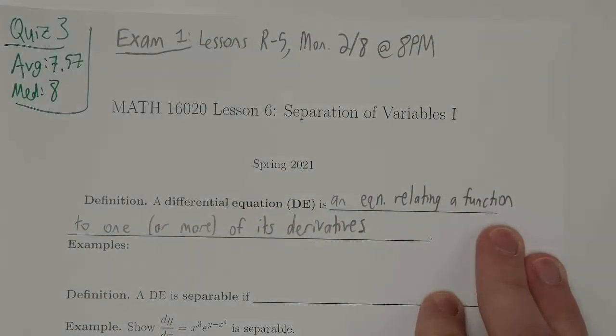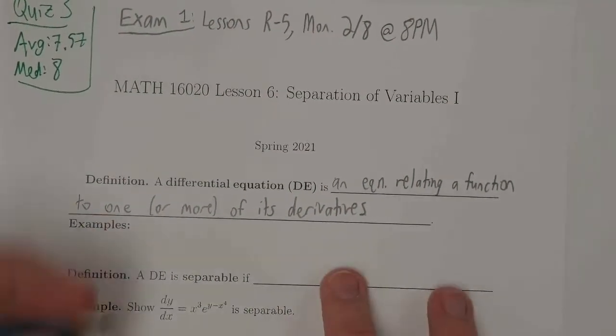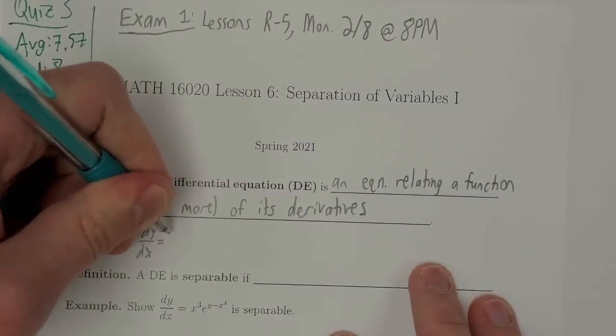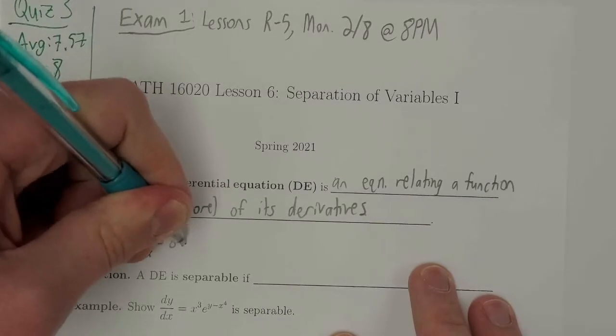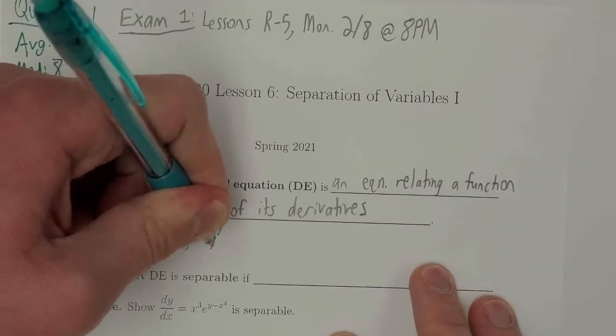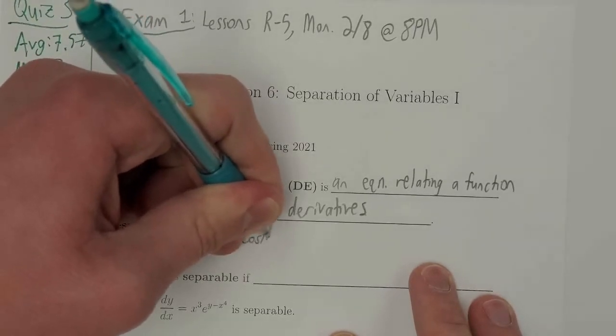Okay. So to give you some examples of what I mean by this, we have dy over dx equals 8 times x. Y prime is equal to t times cosine of y.